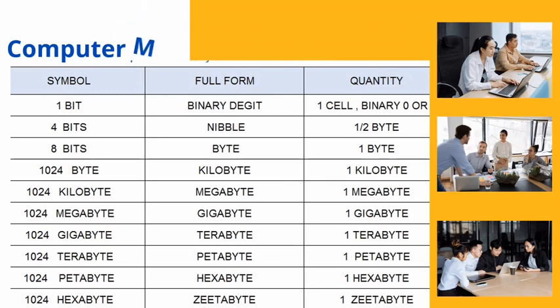After the nibble we have what is called a byte. Most times we are familiar with the byte. You hear things like kilobyte, megabyte, and the rest of them, because a byte is a bit larger and easier to comprehend than the binary digits or the nibble. A byte is nothing but 8 bits of data.